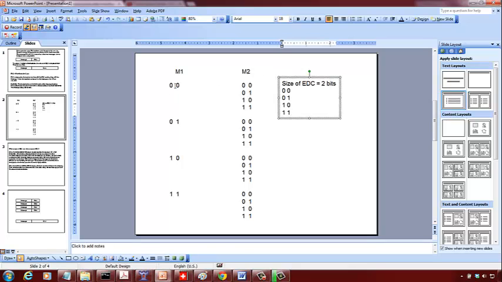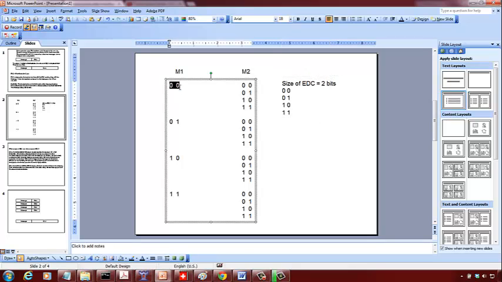So let's say the error detection code for M1 comes out to be 0 0. For M2, the error detection code could be one of these 4 values. Similarly, if the error detection code for M1 is 0 1, again for M2 it could be one of these 4. And similarly, if it is 1 0 and so on, again one of these 4.